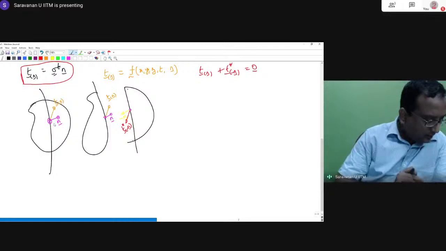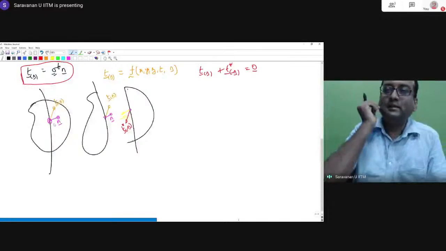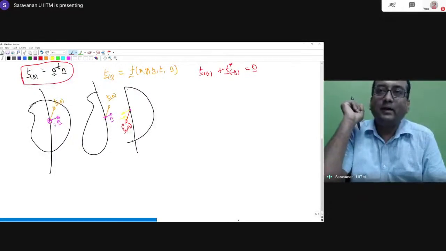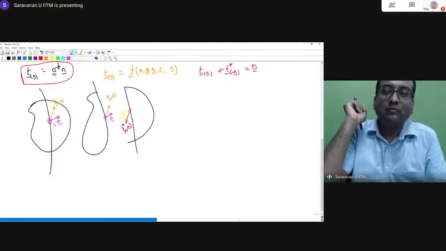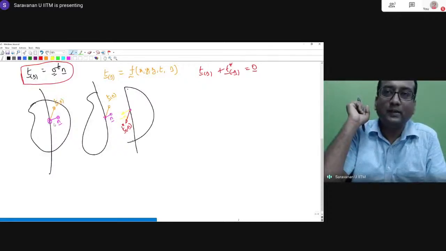There's a question on what is the physical meaning of complementary strain energy. See, energy per se doesn't have a physical meaning. It is a mathematical construct, just like force is a mathematical construct to explain the displacement of bodies. If you don't want to use forces, you use energy-based approaches.